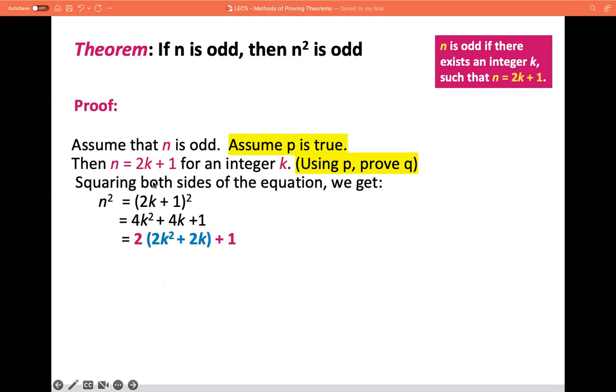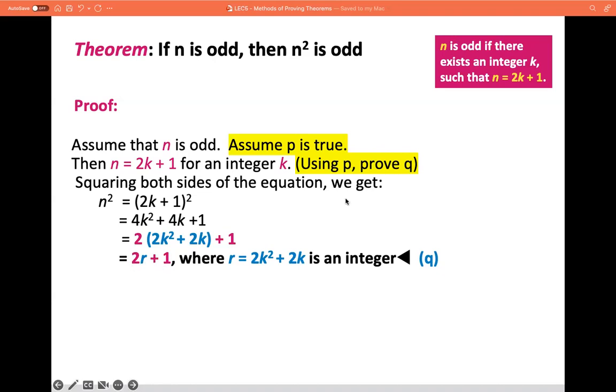And now we can factor out 2 from the first terms. It will be equivalent to 2 times (2k squared plus 2k) plus 1. And it has this form 2r plus 1, where r may be 2k squared plus 2k.